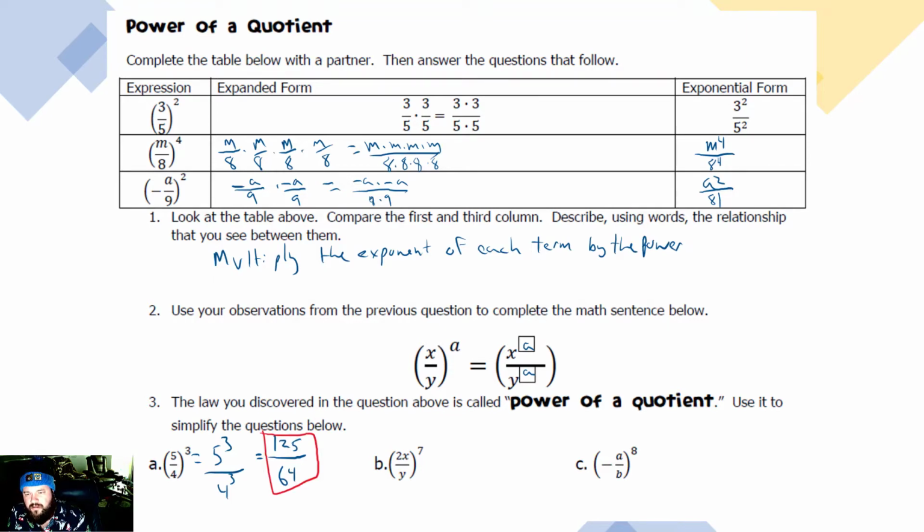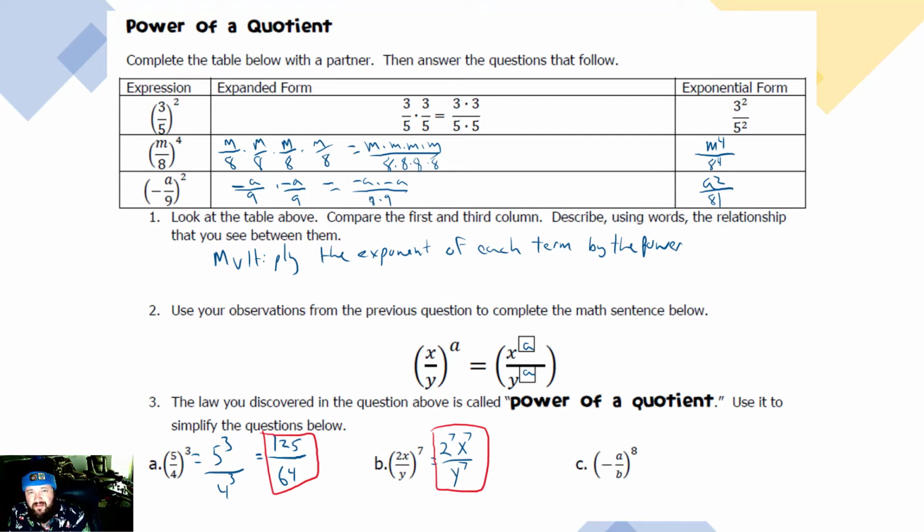On part B, we got 2x divided by y to the 7th. So you've got 2 to the 7th times x to the 7th, all divided by y to the 7th. And then on part C, we got negative a over b raised to the power of 8.